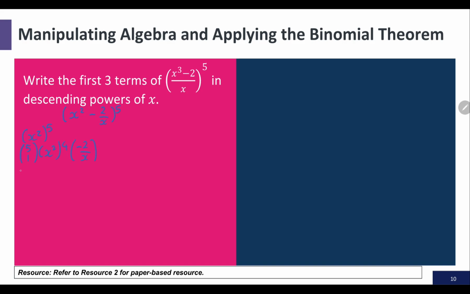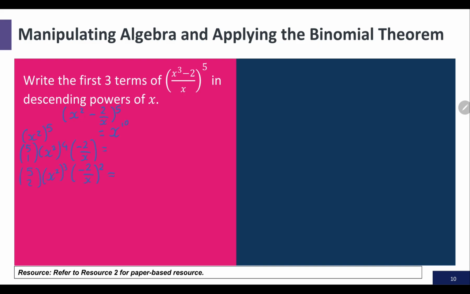The next one, 5 choose 2, multiplied by x squared cubed, multiplied by 2 over x all squared. So there's another step up here with the algebra. So let's have a look. x squared raised to the power of 5 is x to the 10 because we multiply the powers.